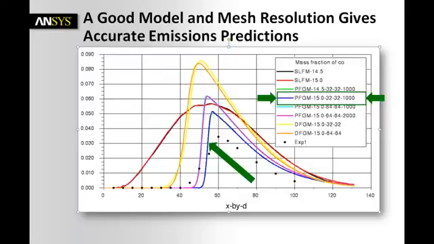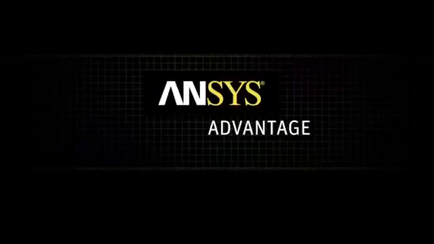There are a lot of models available, and results can depend upon the grid resolution, but what's important to note here is that when you use the right model and the right mesh resolution, you can have a pretty good estimate of the CO prediction. You see the experimental data with the dots, and you see our best result in blue. And don't be fooled, those results are actually extremely good, and that's a very good validation of the simulation.